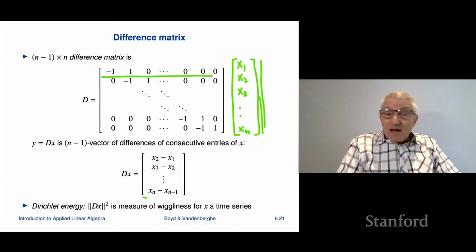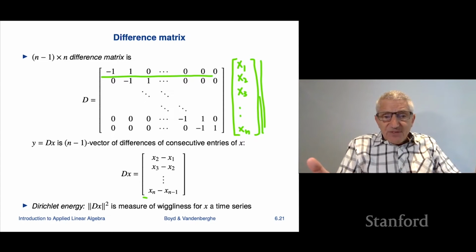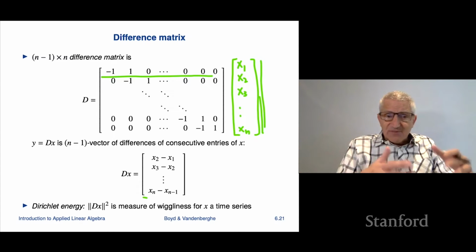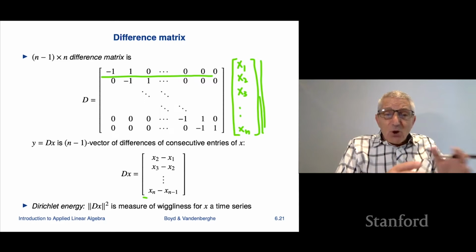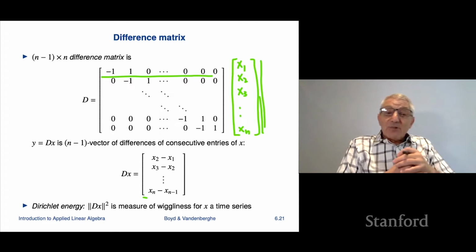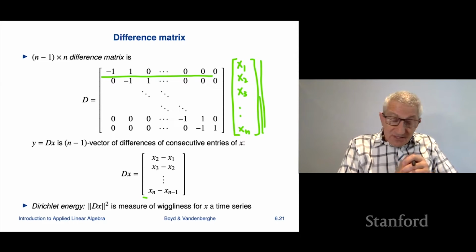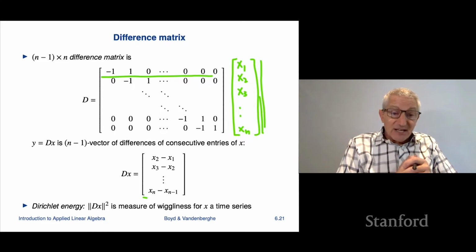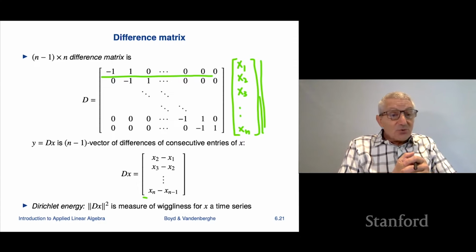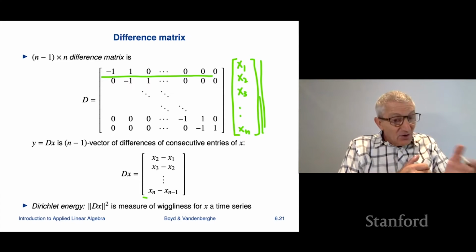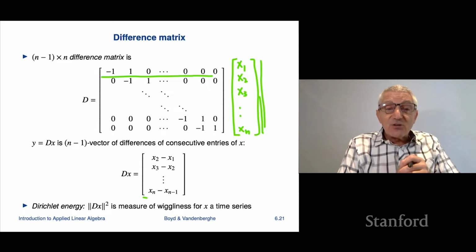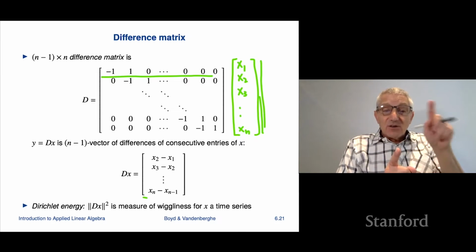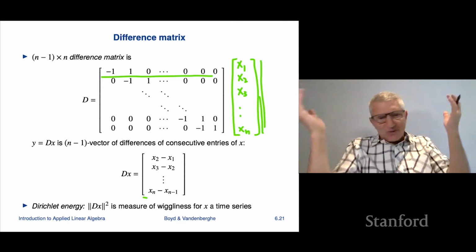So now, by the way, if the different entries of x are features and they have no relation to one another, this has no meaning and no use. But for example, if x is a time series, this is super interesting, right? So if x is the rainfall on different days, then dx tells you the change in rainfall from a given day to the next.